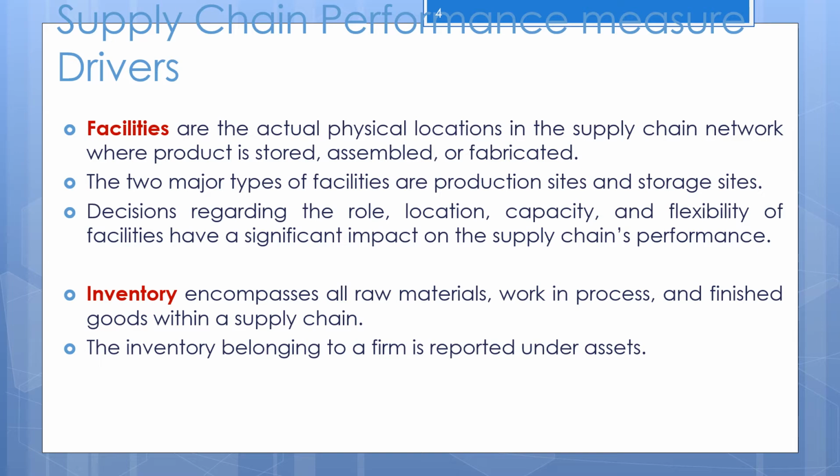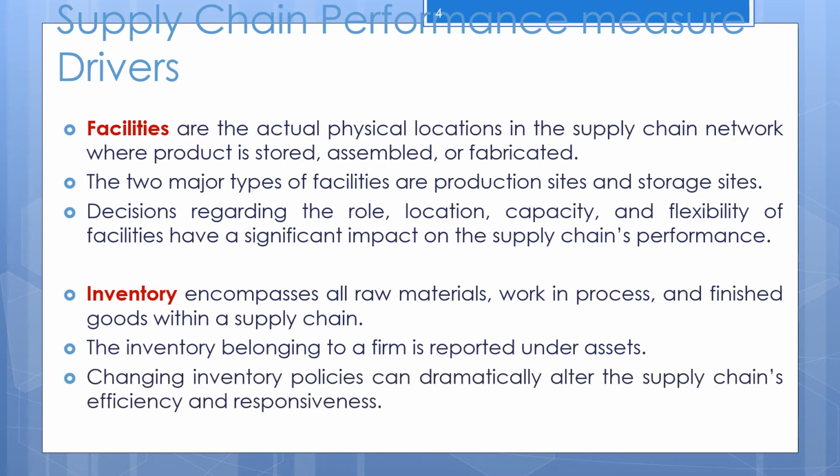This mismatch is actually intentional, where it is economical for the manufacturer to produce in large lots that are then stored for future sales. This mismatch is also intentional at a retail store, where inventory is held in anticipation of future demand.